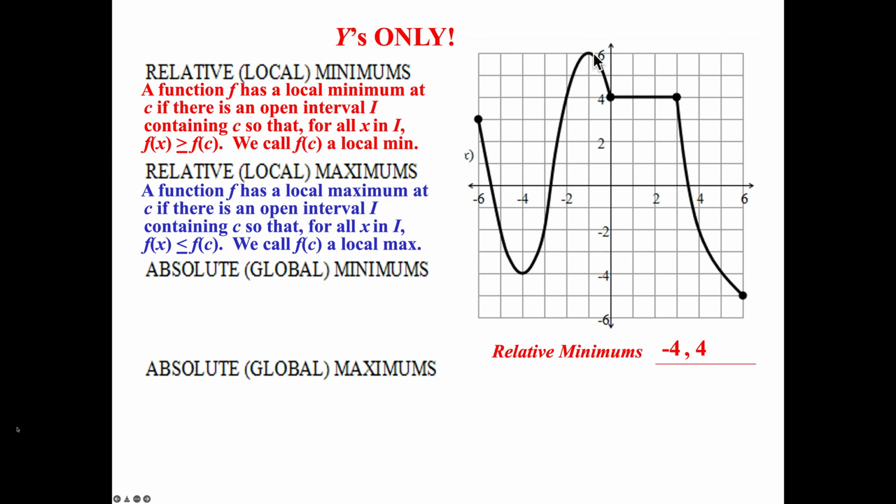Increasing to decreasing. At that point right there, -1, 6. That c is -1. My f of c is 6. That y-coordinate is bigger than any other y-coordinates in this short little interval that I'm testing. So 6 is a relative max.